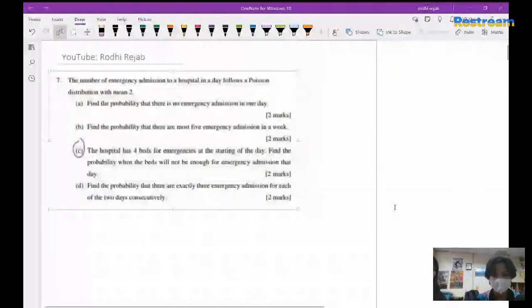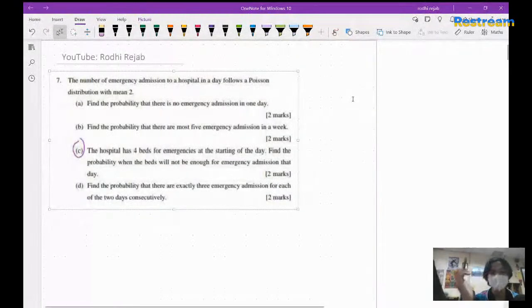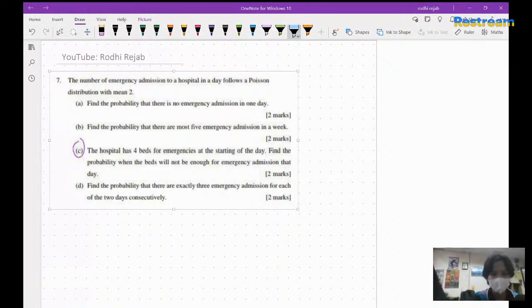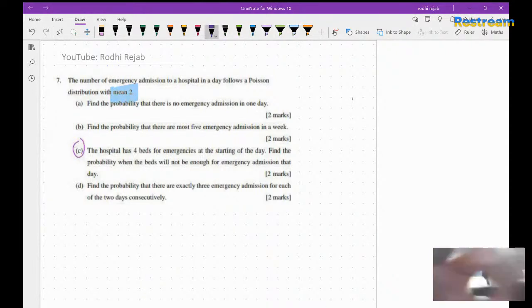So following the question, we can see that the information given is that it gives us mean 2, which means lambda 2 because it's Poisson. So you can write it as X ~ Poisson(2).